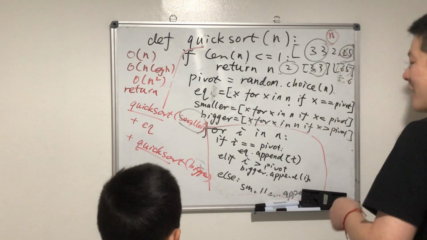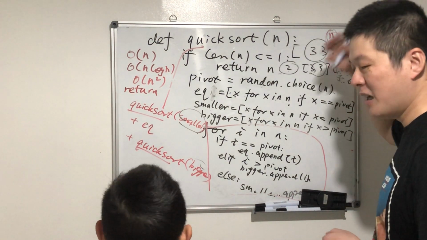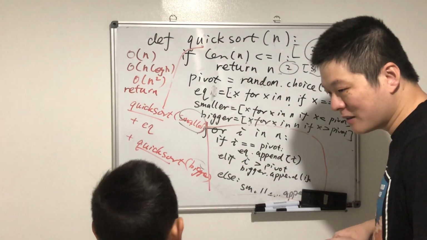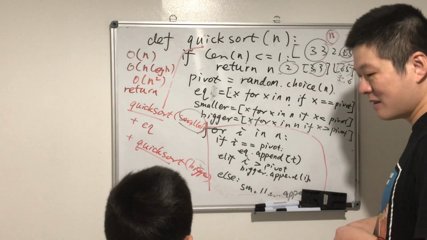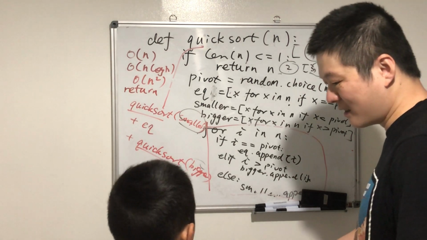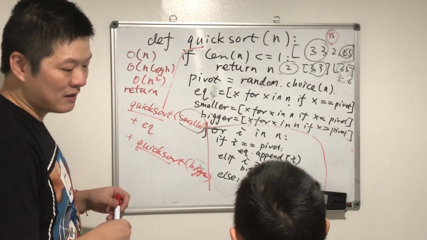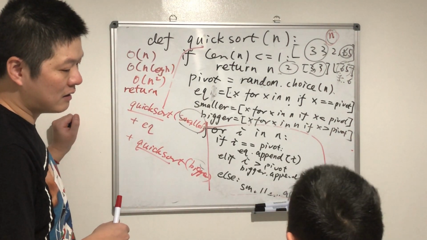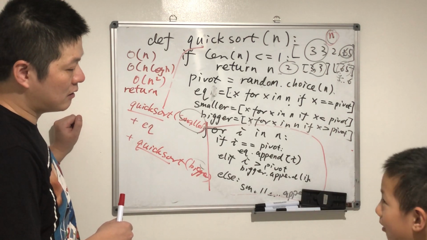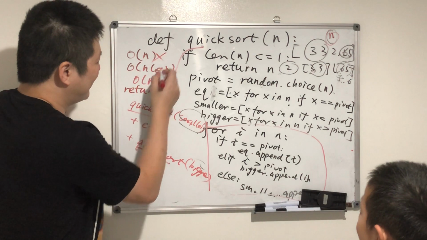Does it only scan once, or does it need to scan multiple times? You're not sure? That's fine. You want to guess? If it scans multiple times, definitely not this one, right? Okay. So is it this one?